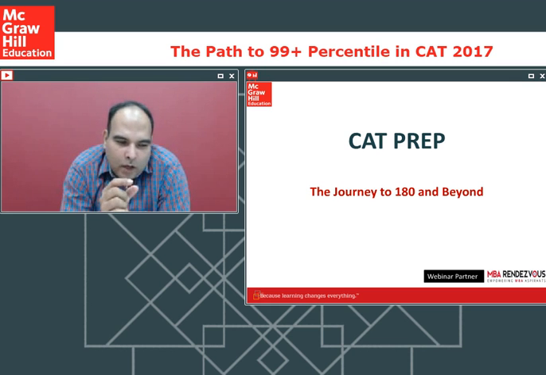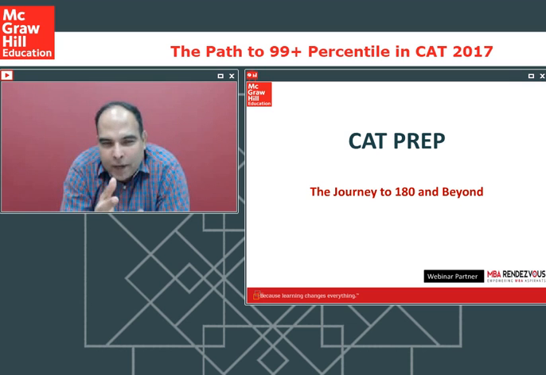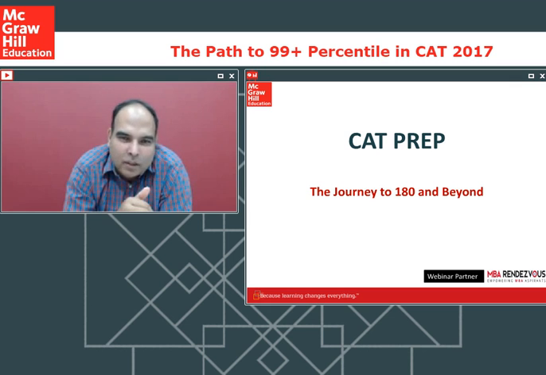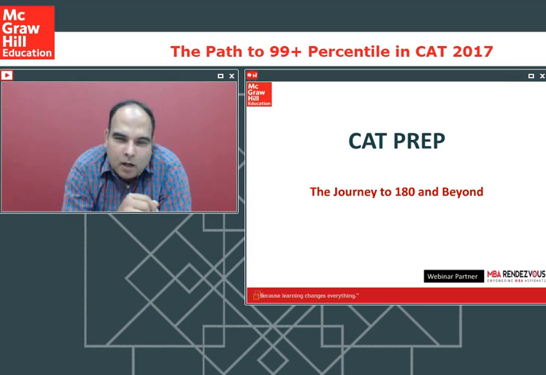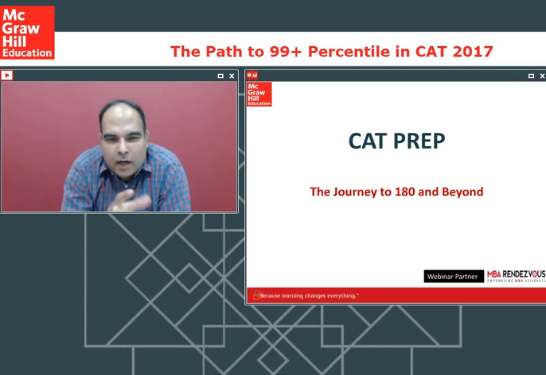Now before we move on into how to get this 180, what kind of components you can break it down into, three sections, and hence what follows for each of the three sections, before we do that, one more thing you should understand. When you take a mock test or any other mock test that you are practicing, in all your practice tests, the score you will get will be based on a +3 -1 logic.